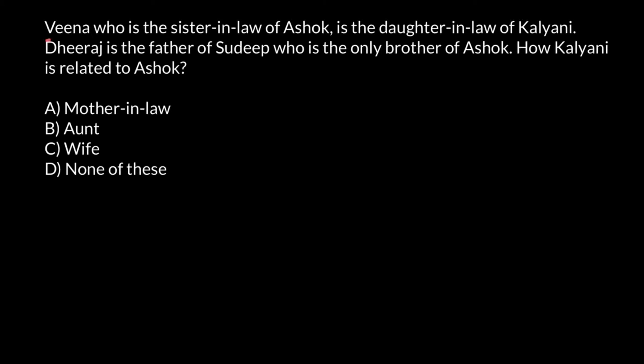So Veena, who is the sister-in-law of Ashok, is female. So let's put a circle here, and this is going to be Veena. She's a sister-in-law, which means that Veena has to be married. Then she can be a sister-in-law.